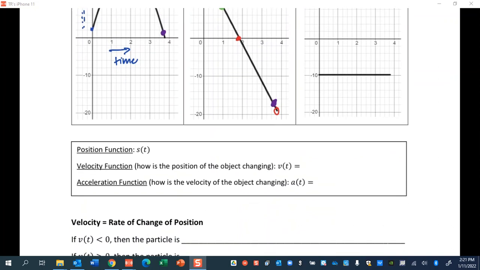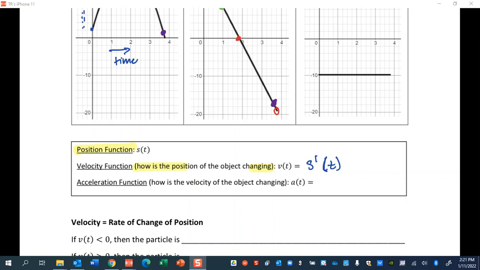So when we talk about that position function, that S of t, that is going to be where I am at any given time. This position function is my original function. My velocity function is looking at how that position is changing. And that's going to represent the derivative of our position function.